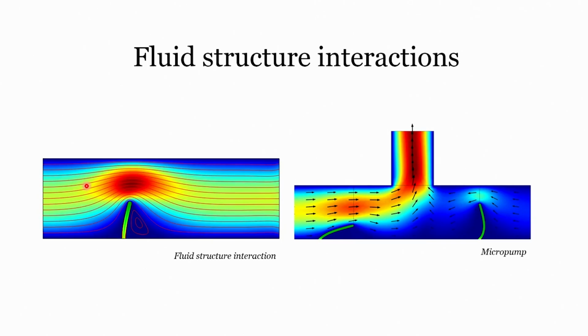Then there is an example of fluid structure interaction, that is you have different kinds of pump. The object that you can see over here is the micro pump, and this is a very specific type of pump which allows the flow to pass through only in one direction. You can see the direction over here, it's from left to the top tank.